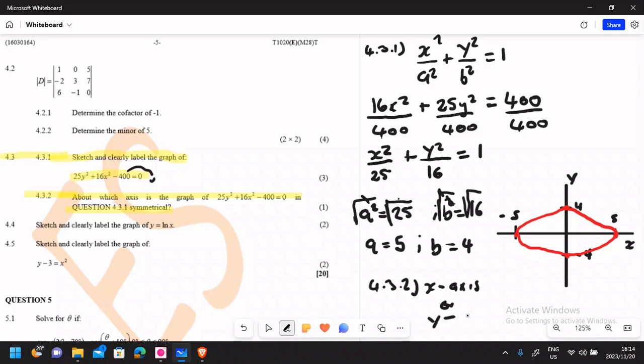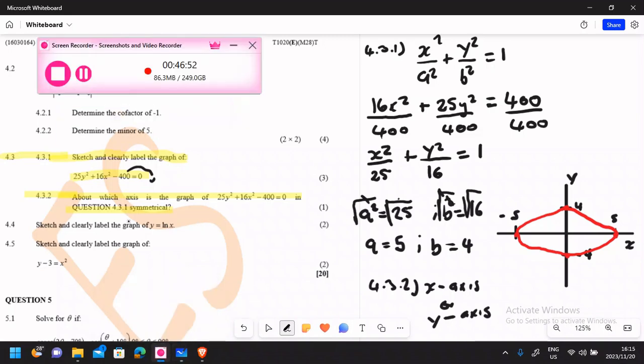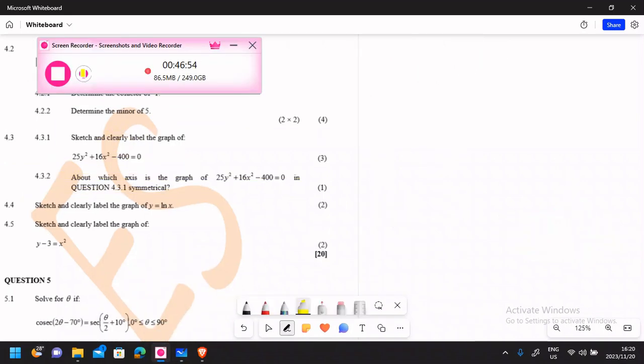Okay, so you're going to get the answer here, because when you cut on the x-axis, we have half of this graph. When you cut on the y-axis, you're going to have half of this graph. Remember, guys, symmetrical means half. Okay, basically it means half of the graph. Okay, all right, guys, I hope you managed to get this one. Now we're going to do the next question. So let me pause here so that you are able to do the next question.